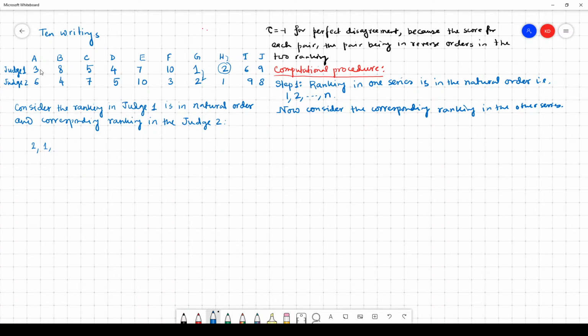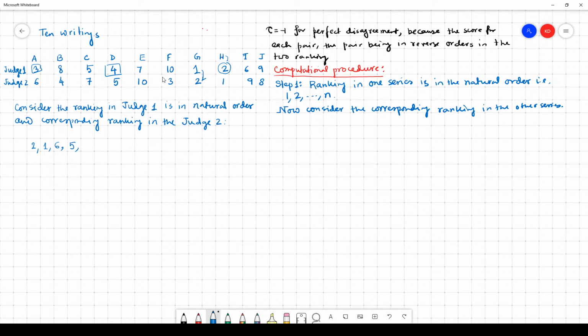Next, for judge 1 rank 3 is individual A, and the corresponding rank for judge 2 is 6. Now consider 4, for judge 2 it is 5.